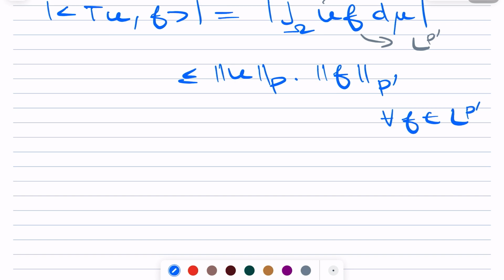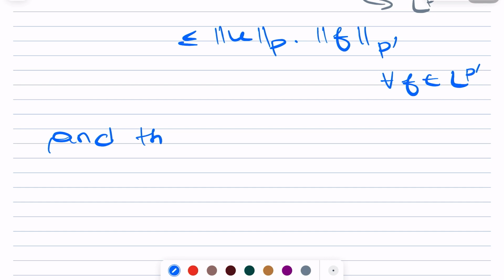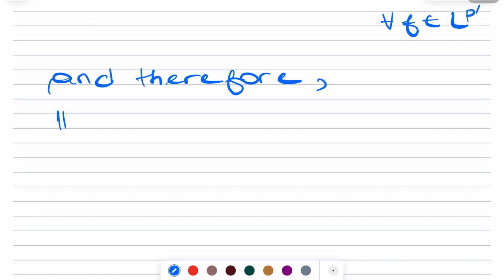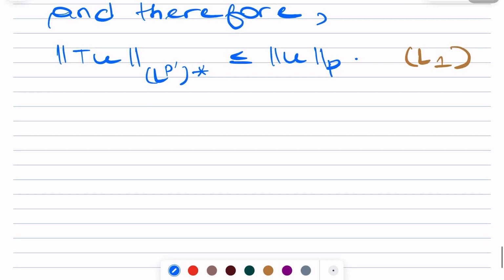Therefore if you take the supremum over all f in the closed unit ball, you get that the operator norm of Tu in LP prime star is less or equal than the LP norm of u. Let's call this L1. Now you have to prove the other inequality, so to get an equality.